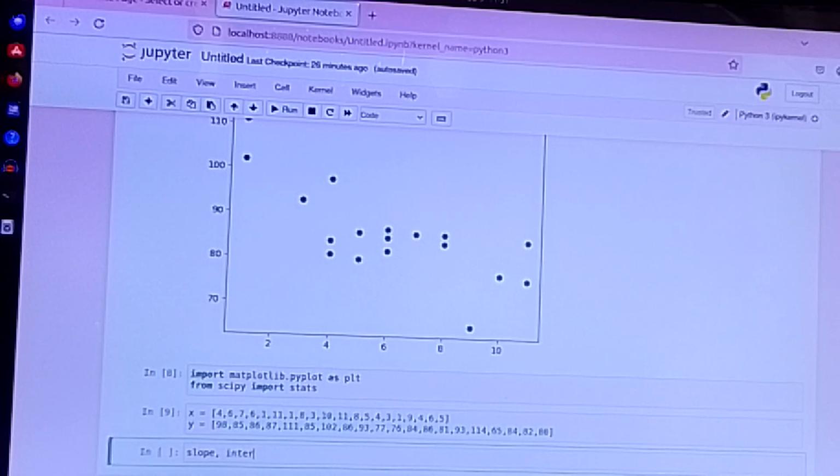So to get that, I have to introduce these functions: slope, intercept. Now I will introduce r, small r. So r is the coefficient of correlation between the x and y coordinates, right? Yes. Now slope, intercept, then I will introduce p as well.